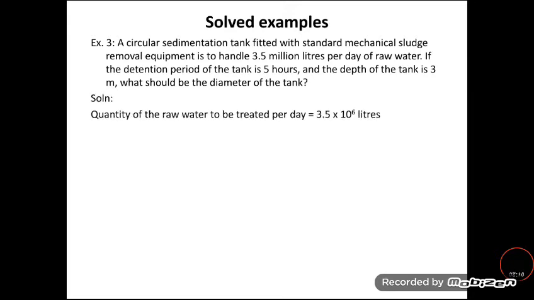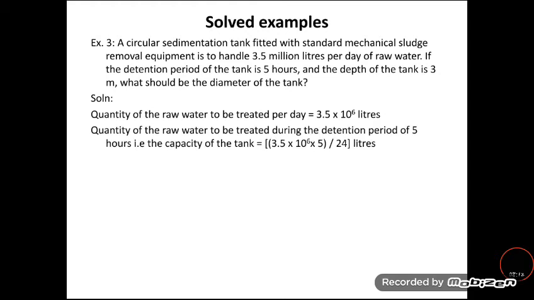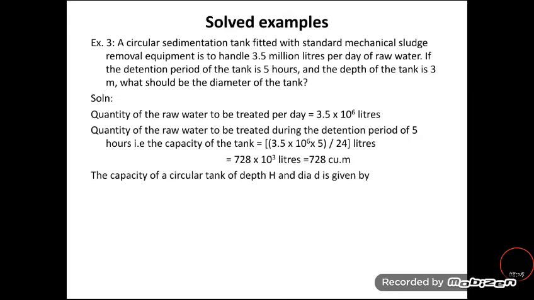In this, the quantity of water to be treated is given in terms of million liter per day, and if we multiply the value by the detention period, it will give the capacity of the tank in terms of meter cube.